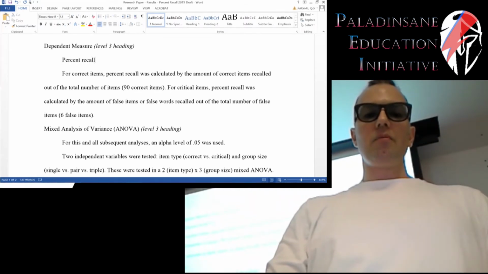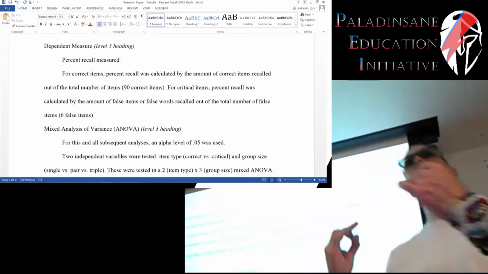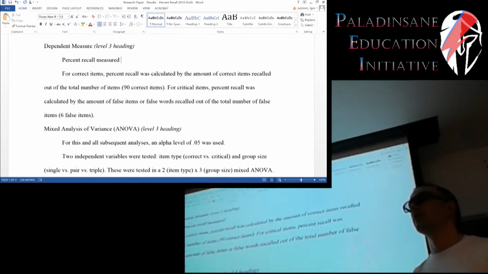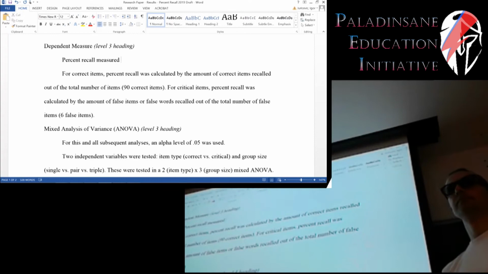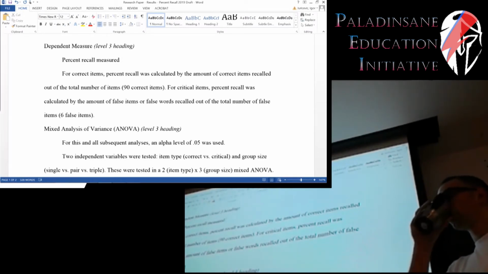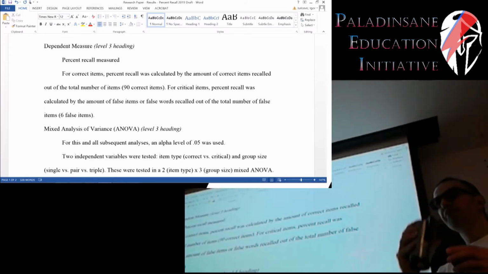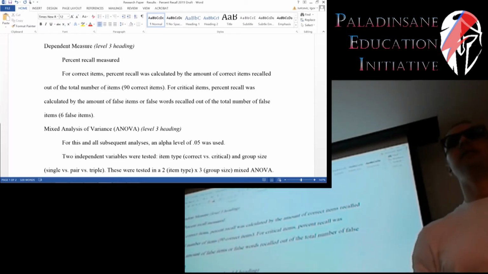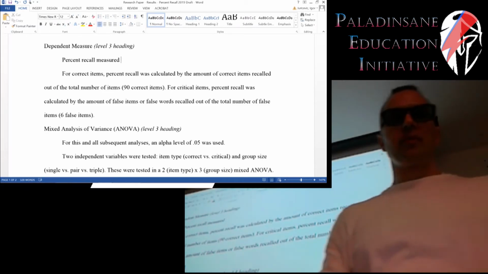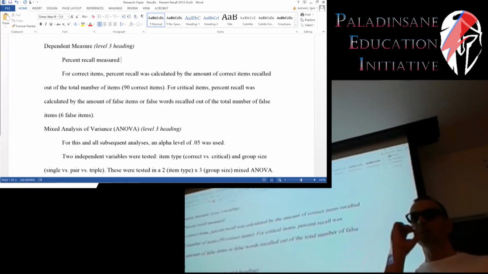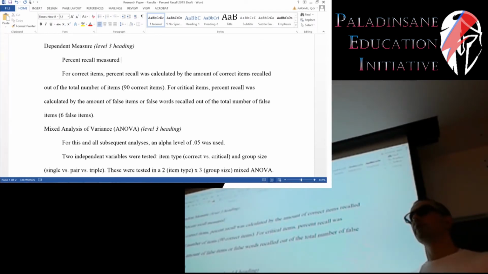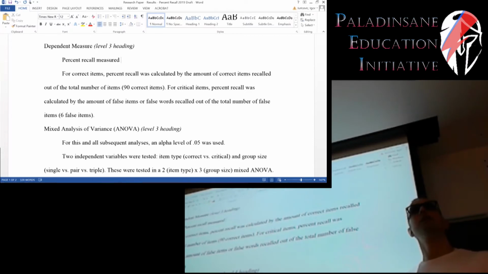recall measured. What did it measure? So we did measure real memories and false memories, but we also measured real memories and false memories for confidence, because we had confidence ratings for real memories and false memories.